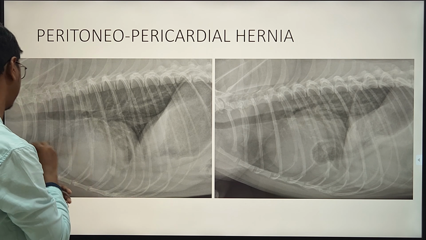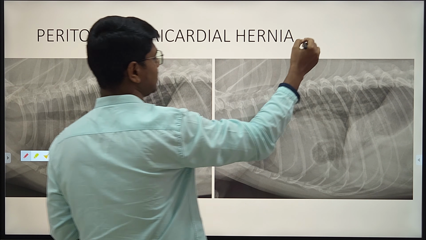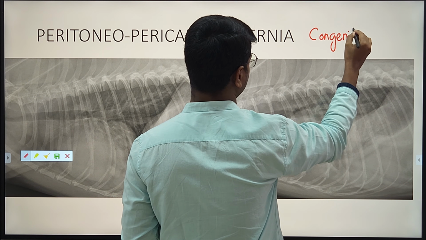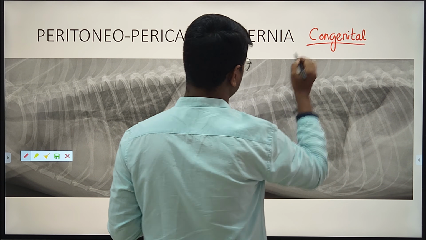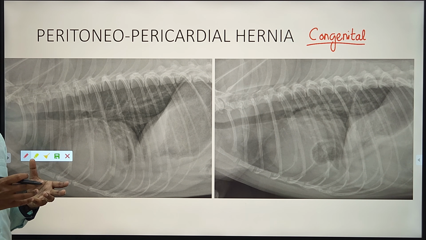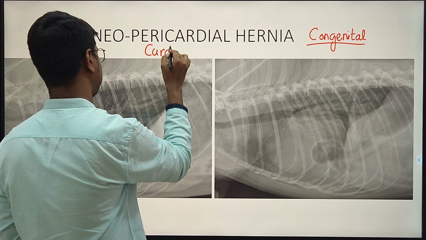Next is peritoneo-pericardial hernia. This is a congenital disease, so you will find it mostly in young animals. Here you can see the major thing is that the cardiac silhouette, or the cardiac margin, will be enlarged.